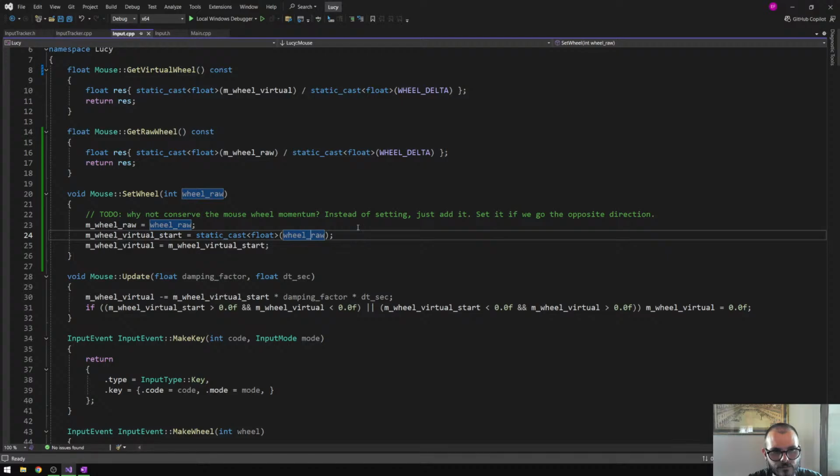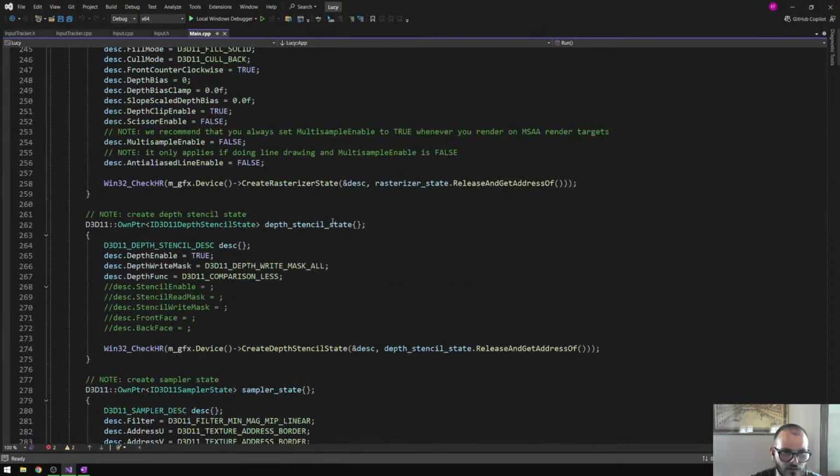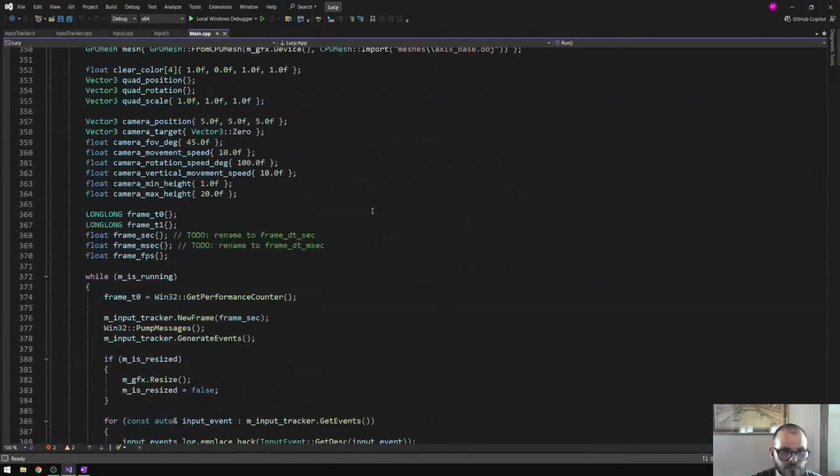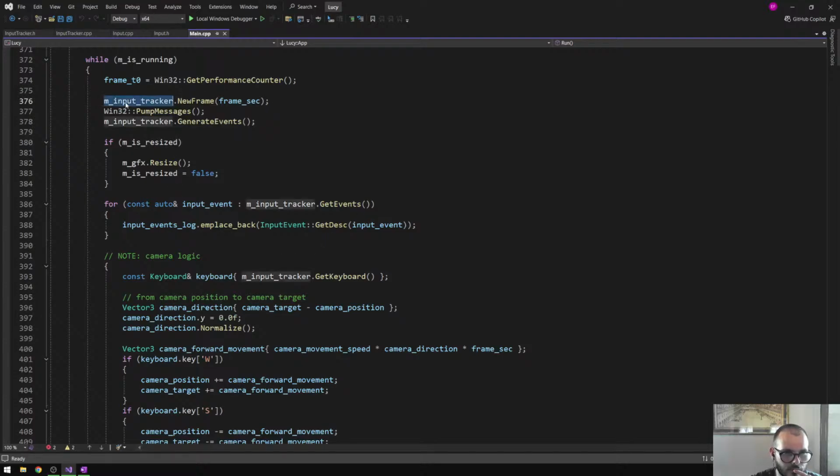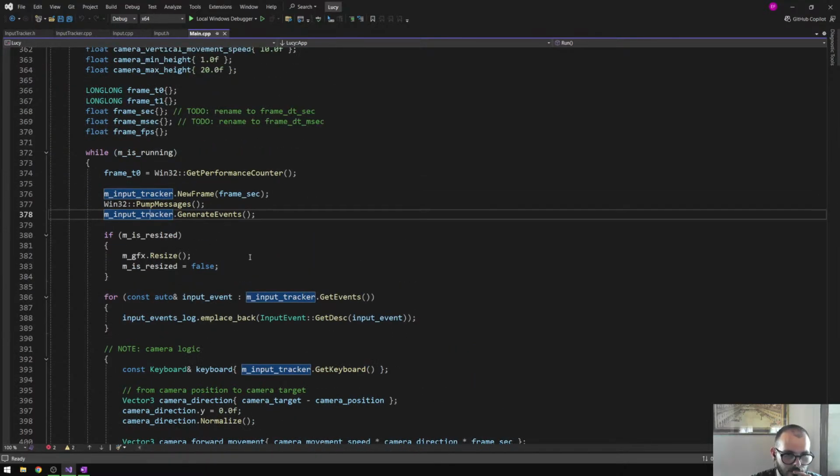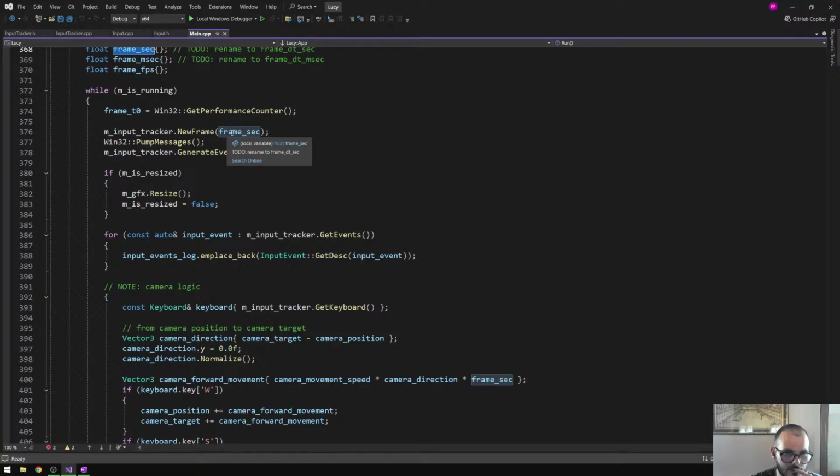There is something wrong. No, it's true, because the first delta will be 0.